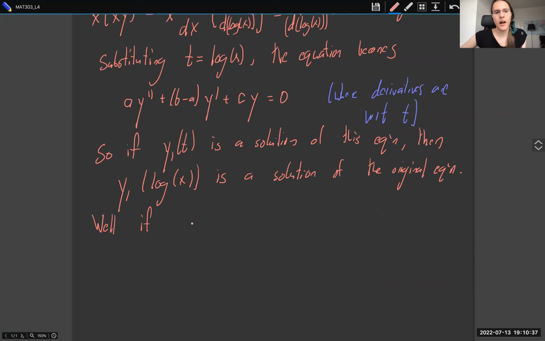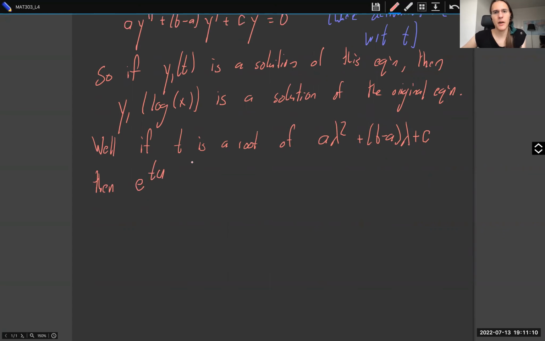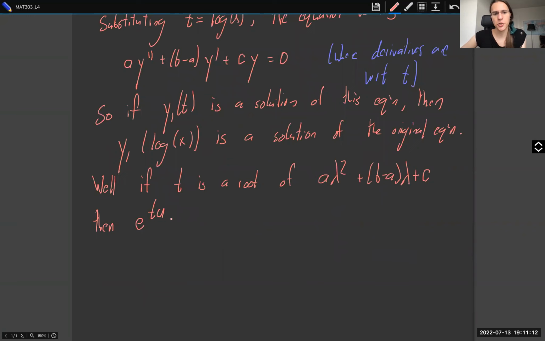if t is a root of, let's say, a lambda squared plus b minus a lambda plus c, then e to the t u, where we now have u as y, should be a solution of the equation above.